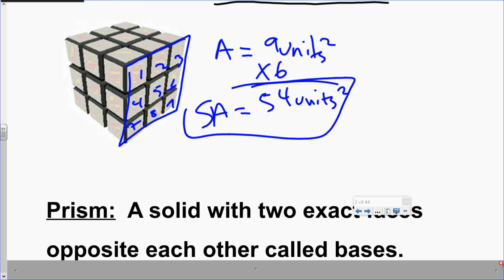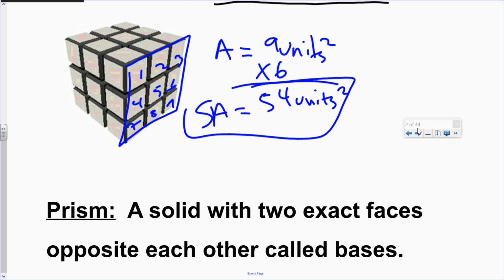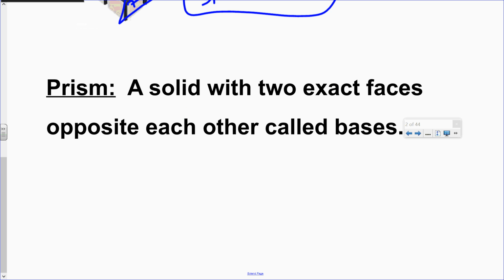A prism. What the heck is a prism? Check this out. There used to be a car by Chevrolet, a Geo Prism. Have you seen one? Last word, Martinez. A prism is a solid with 2 exact faces opposite each other called bases. Last word of the day. Write that down.